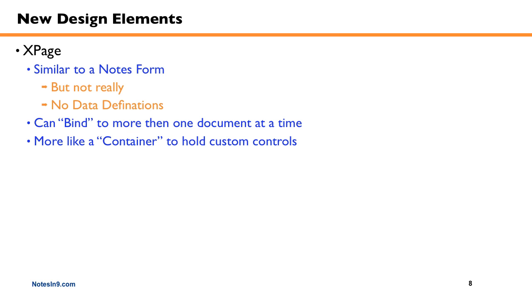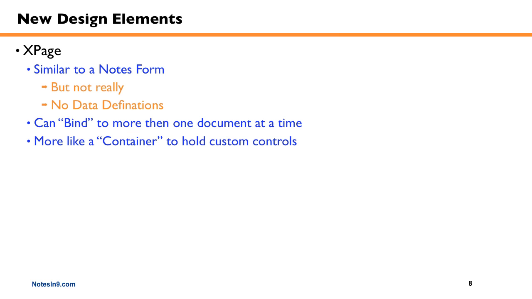Okay, so it's a group of new design elements, of which the first one is the XPage. On the surface, this does seem very close to a Notes form. But it really isn't. You don't have to have data definition, so it's kind of like a page and a form all in one. Or you can have more than one document bound to it at a time, which you couldn't do before. So it's really different.